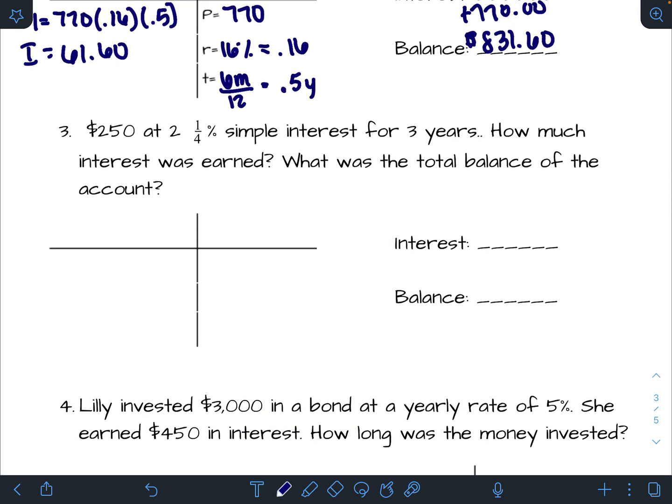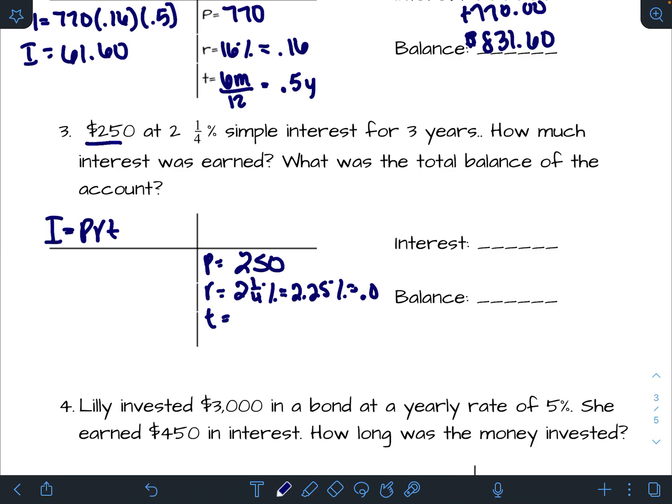On this next one, I have got to start out with my formula. So I equals PRT. I have to find my principal, my rate, and my time. So my principal is 250. My rate is 2 1/4%, which would be 2.25%, which if I then converted that percent into a decimal, would be 0.0225.